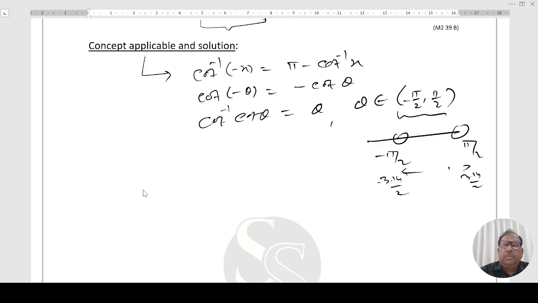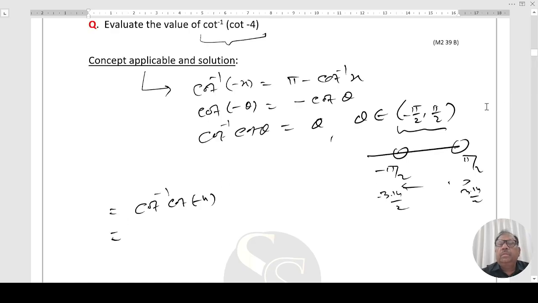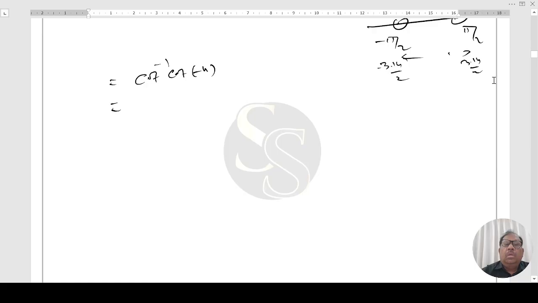Cot of inverse cot minus 4. That can be written as cot inverse of minus cot 4.